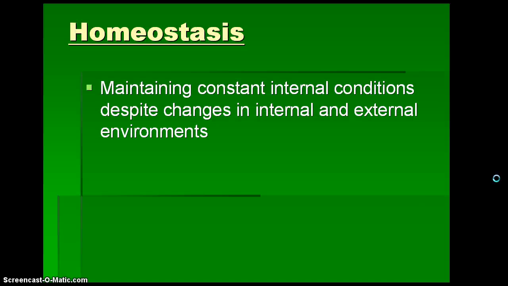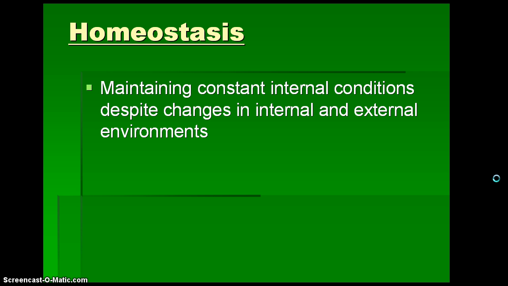Homeostasis is the body's main way of maintaining constant internal conditions despite what's going on internally and externally in terms of environment. For example, say you're going on a trip and you're going to be climbing the Rockies. When you're climbing mountains, it's particularly cold because you're at high altitudes.